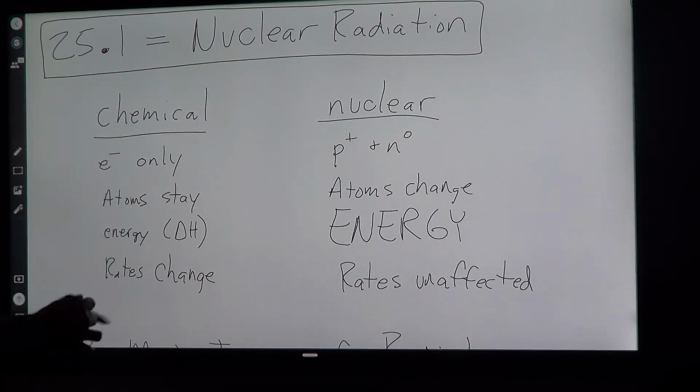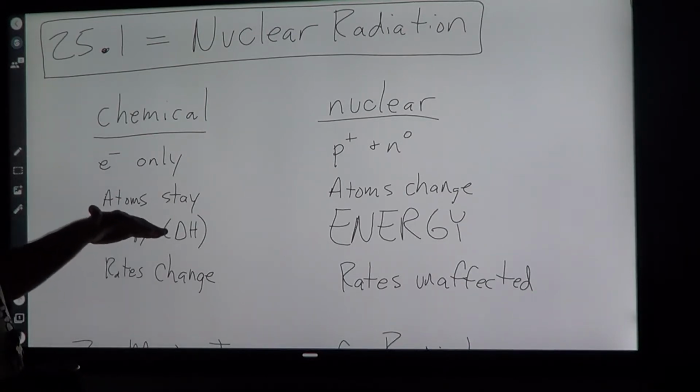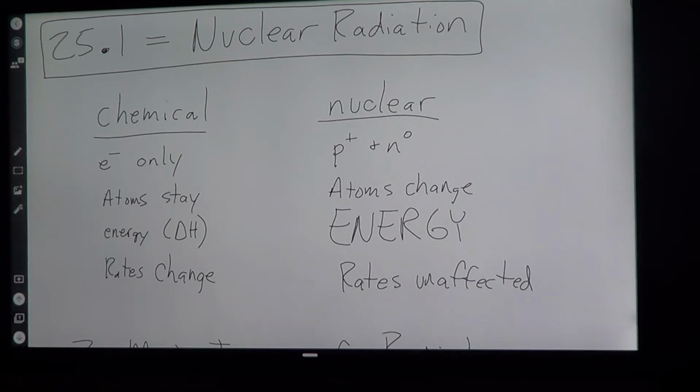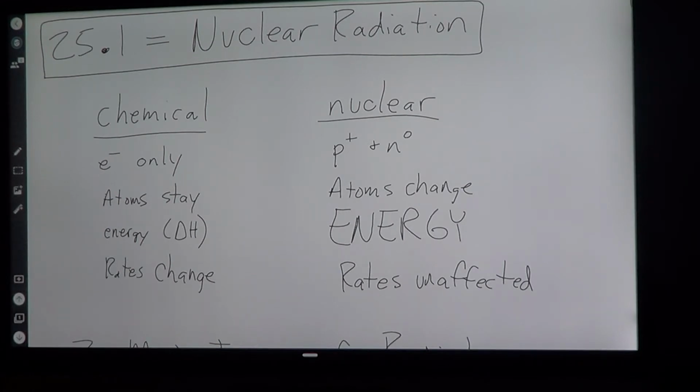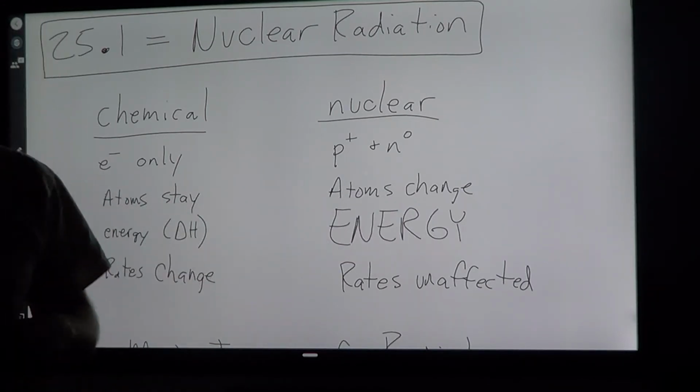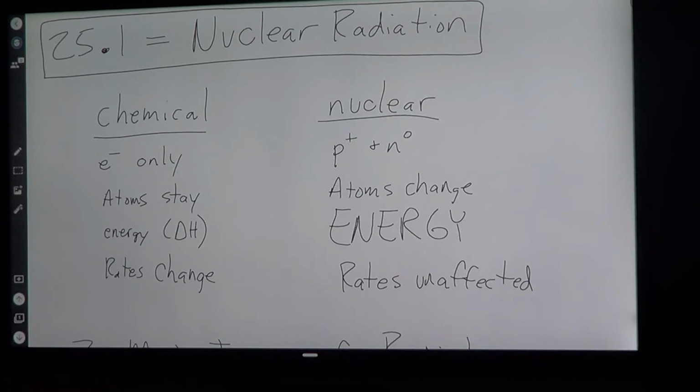Chemical reactions do have an energy. We did a whole unit on enthalpy, which is delta H, and all of that math was how to calculate the energy of a chemical reaction. Notice how I wrote it in all lowercase letters. That is because even chemical reactions like dynamite that can get super hot and super explosive release a very, very tiny amount of energy compared to a nuclear reaction, which is why I wrote ENERGY in all caps over there.